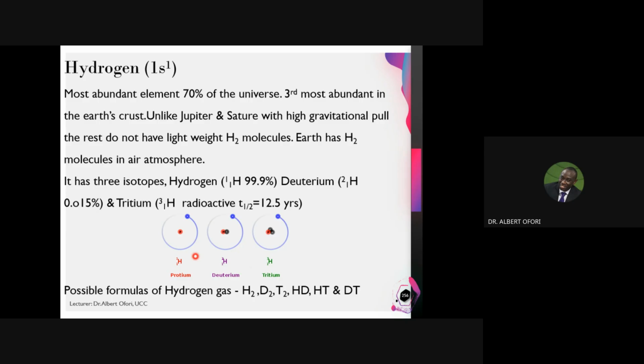So what it means is that whatever H2 can form, we can have D forming that, we can have T forming it. Is that okay? But then the T is radioactive, and the D is heavy.